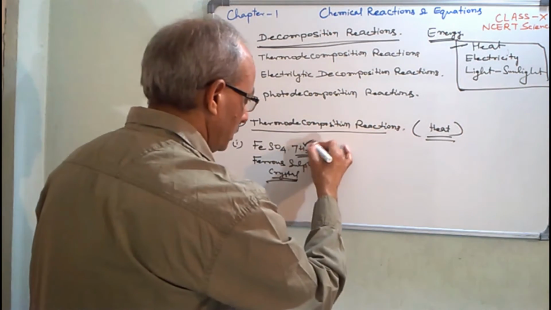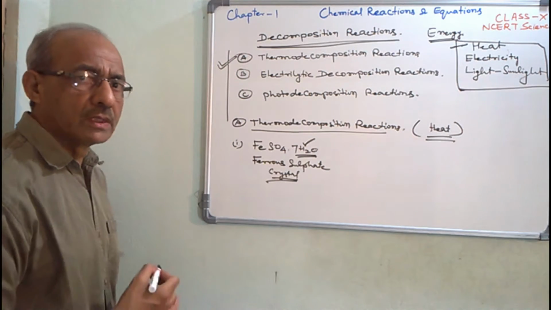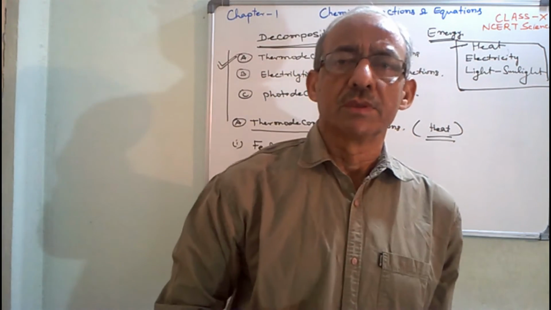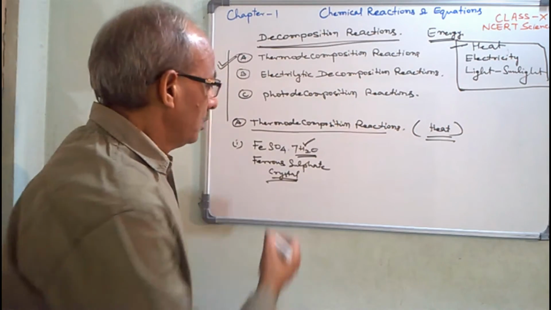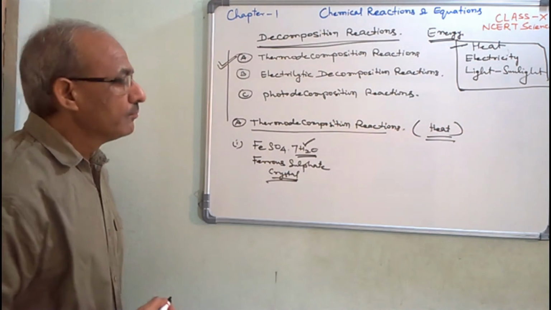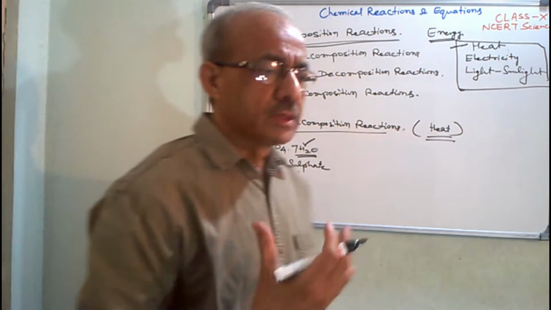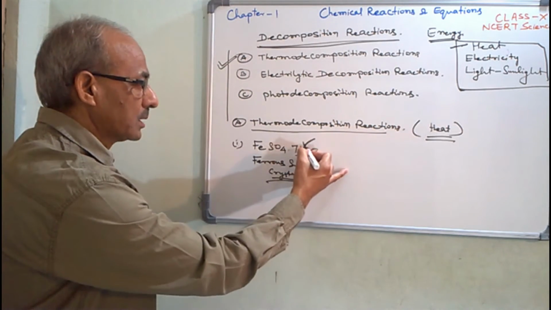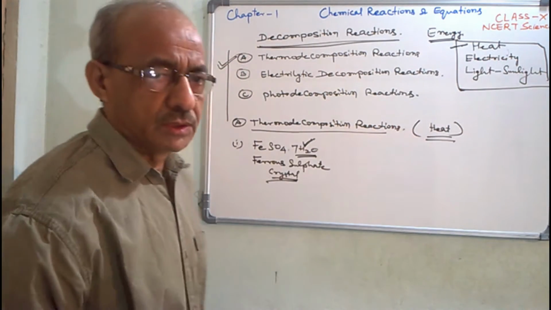So, the 7 molecules of water are called water of crystallization. Certainly in previous classes you have studied water of crystallization. The crystal form of certain substances depends upon the water of crystallization.